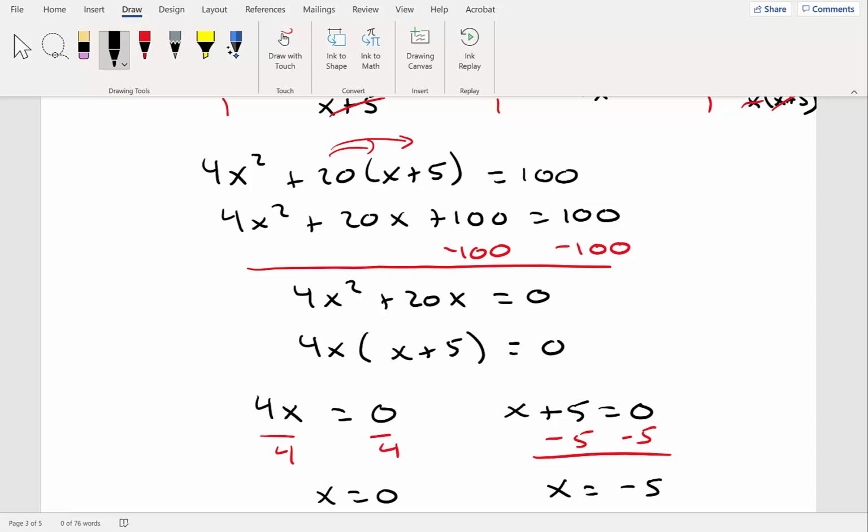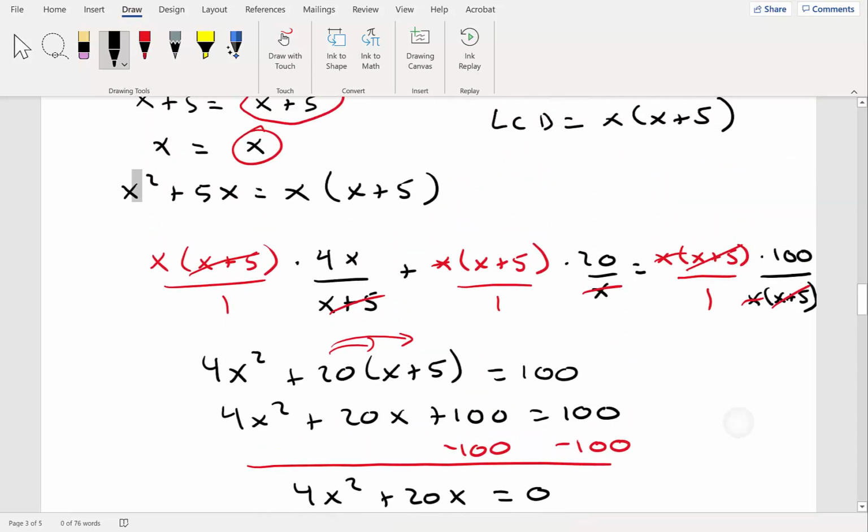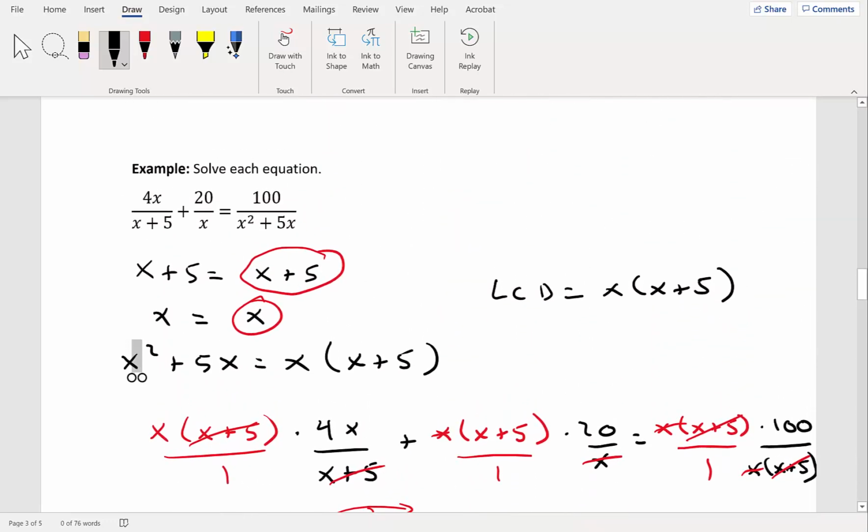So we get two solutions here, but just remember we have to check to see if it makes the denominator 0. So let's go back to our original equation. One of the solutions we got was x equals 0. Well, if x is equal to 0, it's going to make that denominator 0. So you'd have 20 divided by 0, which is undefined. So x equals 0, we have to cancel out. The other solution we got was x equals negative 5.